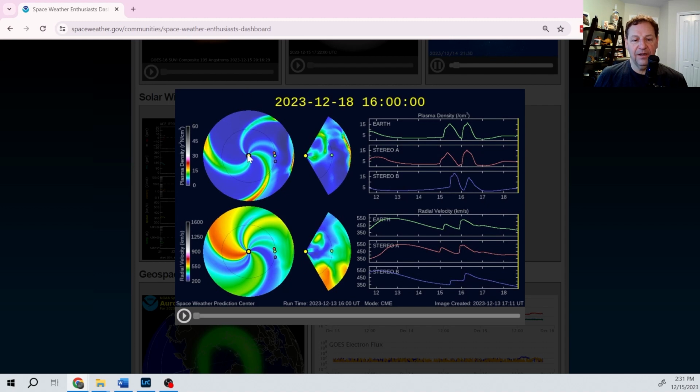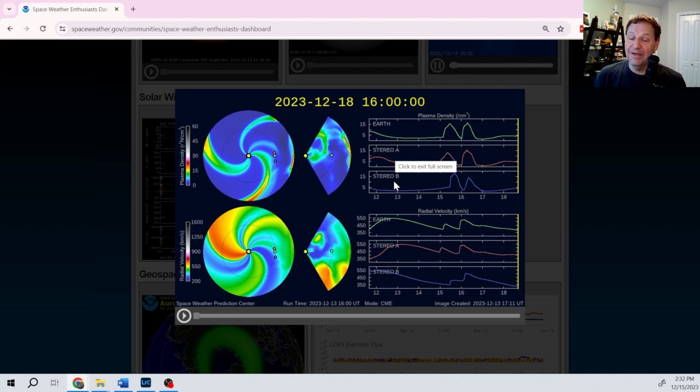The center, the round yellow dot, is the sun, and then there are these 3 dots over here. The green one is Earth in the middle, the red one is the STEREO A satellite, and the blue one is the STEREO B satellite.